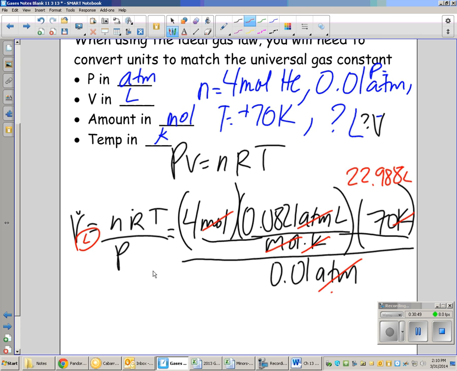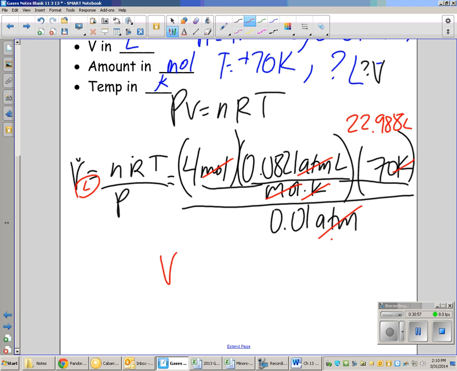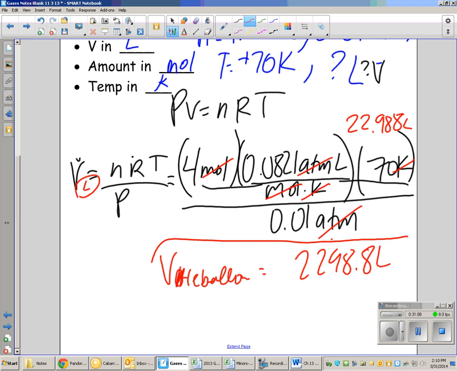And then divided by 0.01. Holy cow. Volume of the helium balloon is, anybody? 2,298.8 liters. Why does that make sense?